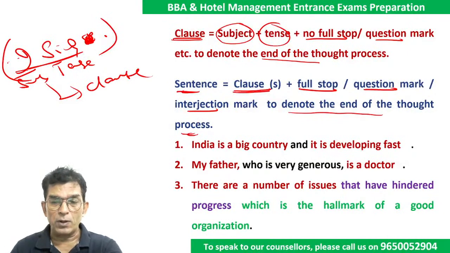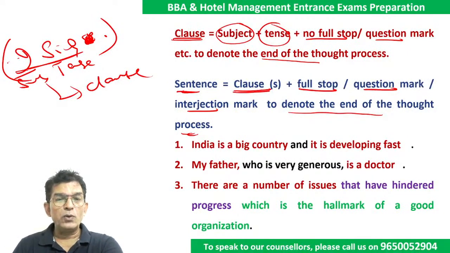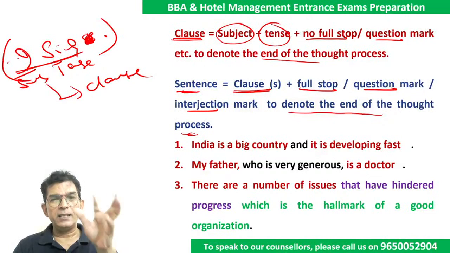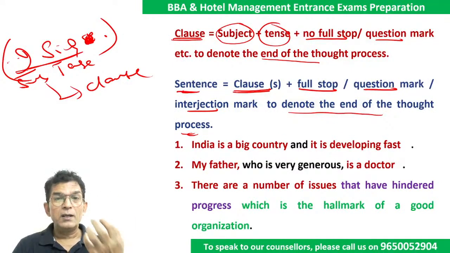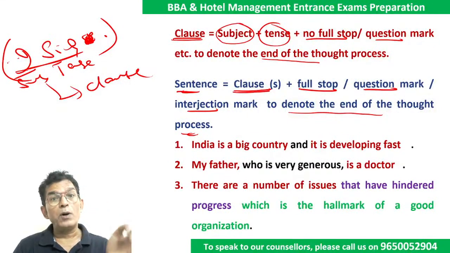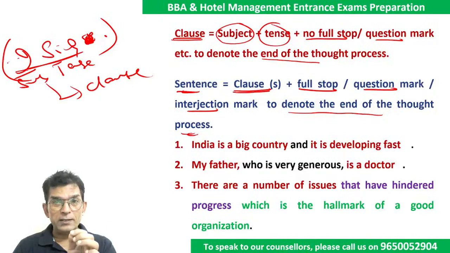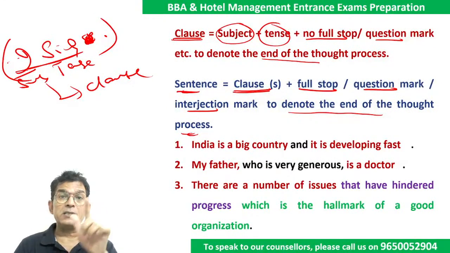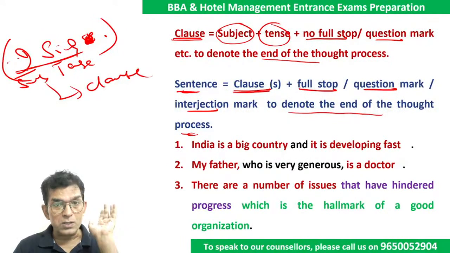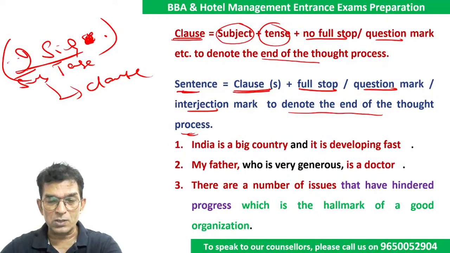Now this is very important. How do we identify a sentence? A sentence may have multiple clauses. At least one clause is a must. It will have multiple clauses and a full stop or a question mark or an interjection mark to denote the end of thought. One clause is compulsory, but we can have multiple clauses also in a sentence.